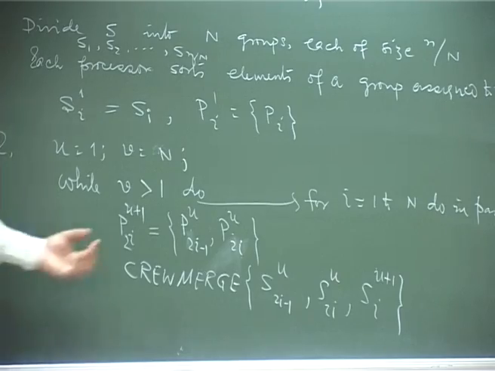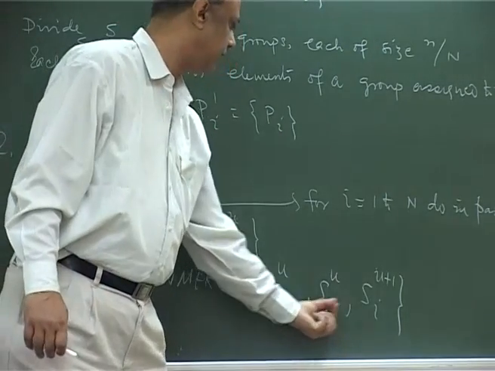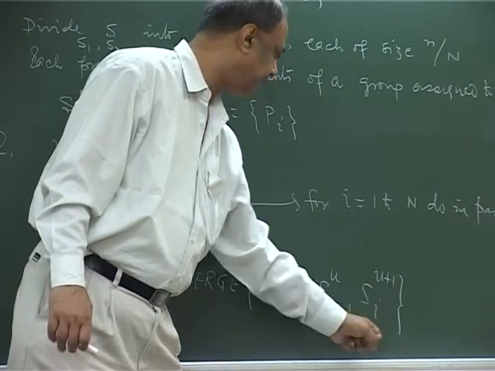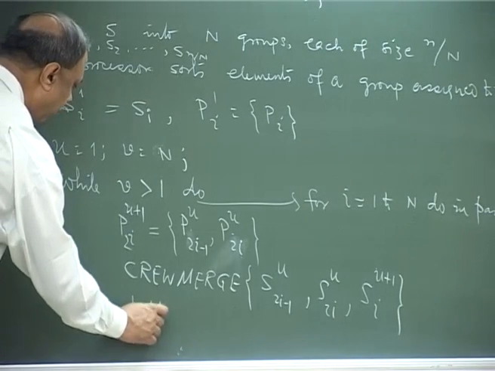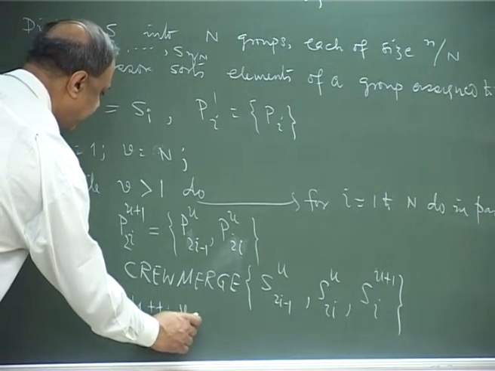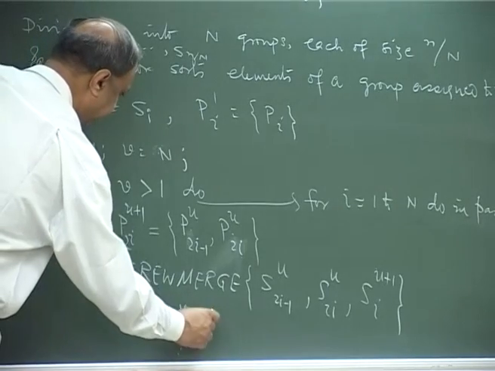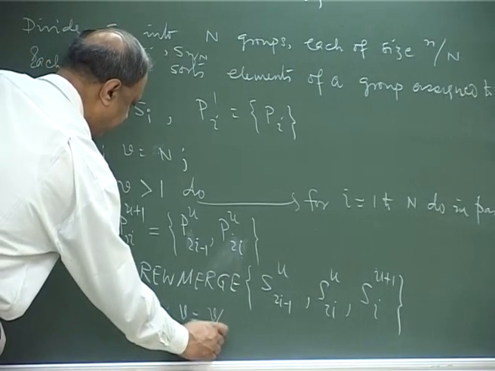So you are merging these two sequences and storing the result in the array S(u plus 1). And then the simple thing: u is increased by 1 and v is decreased, the size is reduced, v by 2.